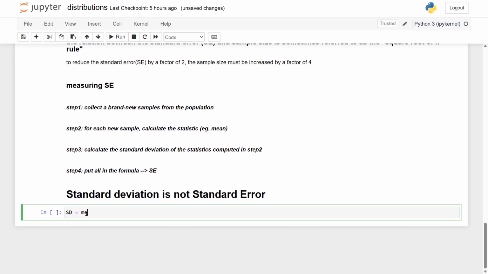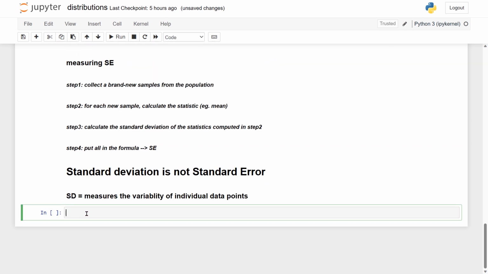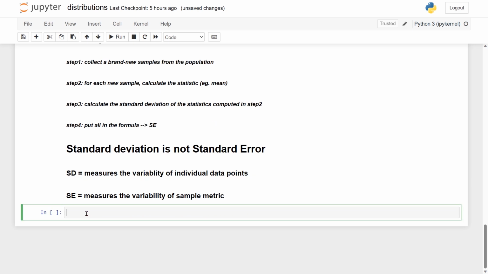Standard deviation measures the variability of individual data points, and standard error measures the variability of a sample metric. I hope you got the point. That's why I put both on the same page.